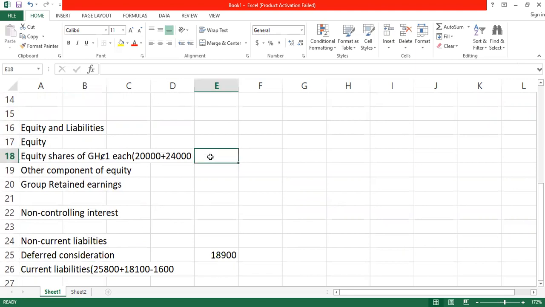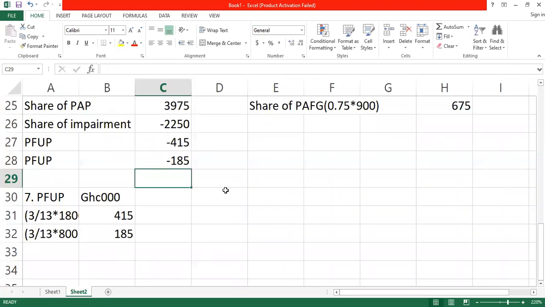So let's total and see. We are done. Let's total this one and see. This will be 44,000. Let's add everything, and we come and close our this one now.